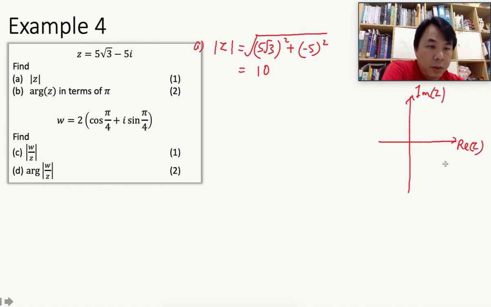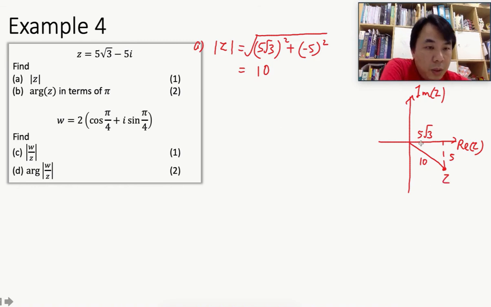So that is further down somewhere here. And then its distance from the origin is 10 units. And then in terms of walking, we have to walk 5 units over here, and then another 5 units down, right, to get to the complex number z here.